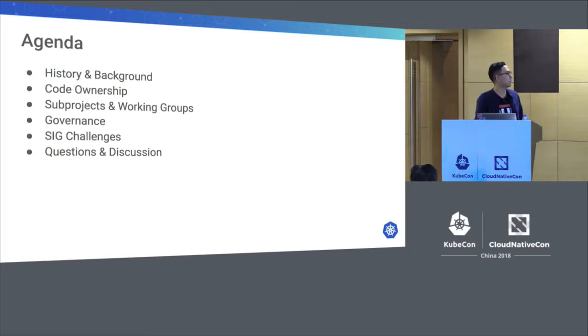Then I want to talk about our current subprojects and working groups, and the future subprojects and working groups that we want to be involved in. Then I want to talk about project governance that our SIG is responsible for in the larger Kubernetes project. And then I also want to talk about the challenges that our SIG is facing today. And like I said, I want to leave about 10 to 15 minutes for questions and discussions.